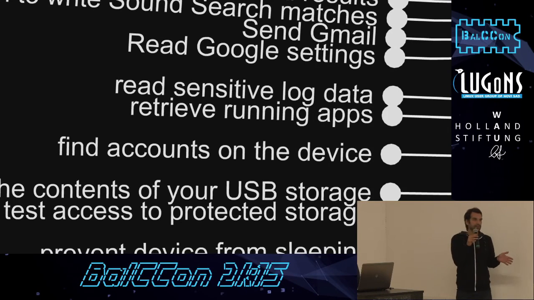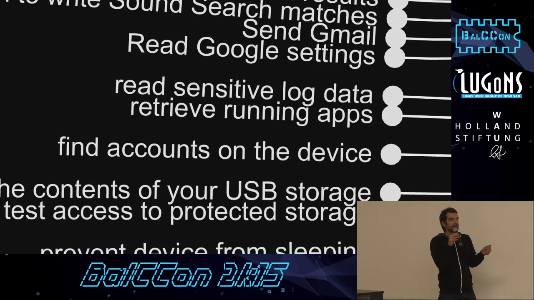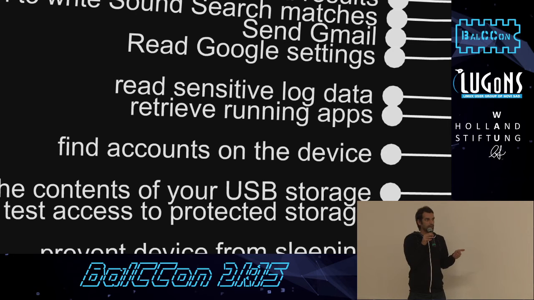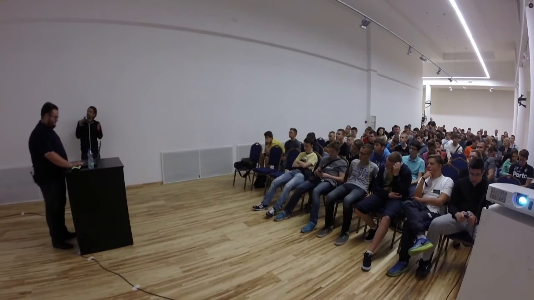What does sensitive log data mean? That means when did you call someone, who did you call, how long was the duration of the call, and so on. And Kurir, one news website, can collect that information about you. Why they need that, I don't know, but they are doing that.